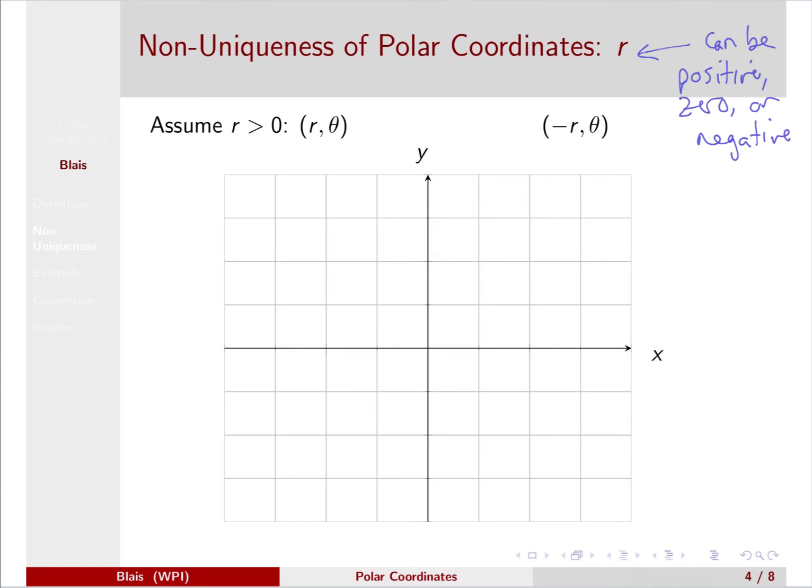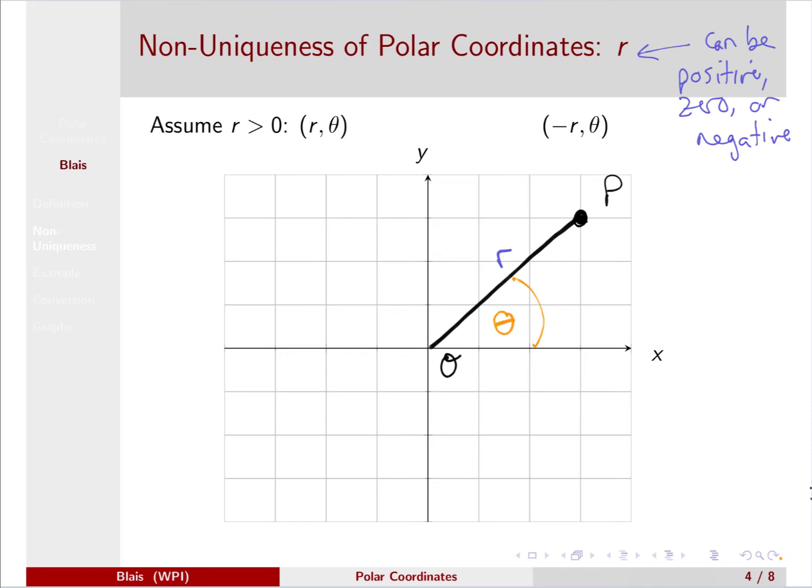So let's draw our same point P. And again, we have our ray from the origin to P. And we said this was r, and this angle here, theta.